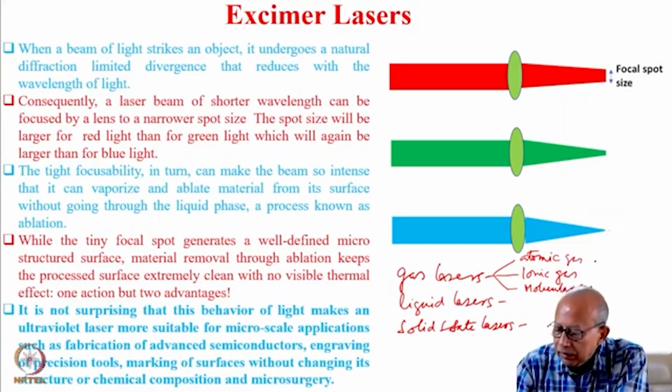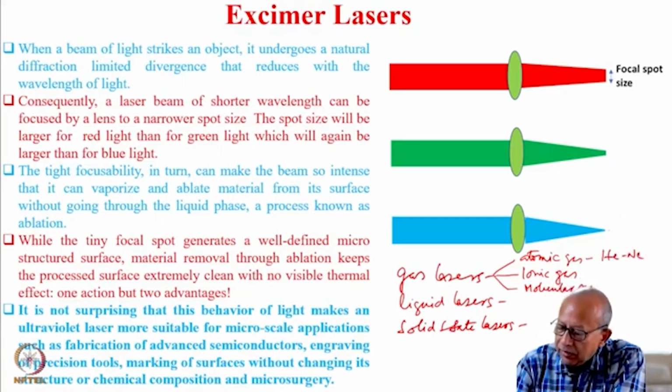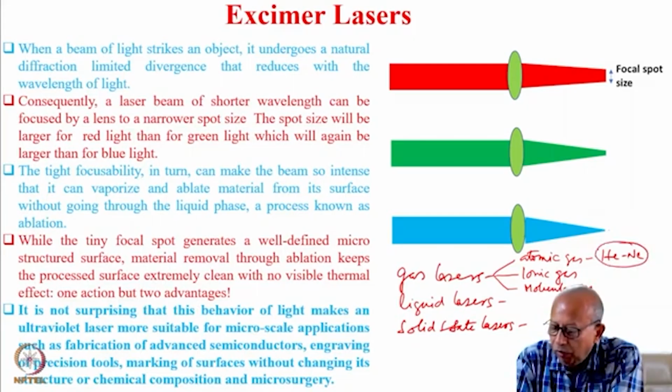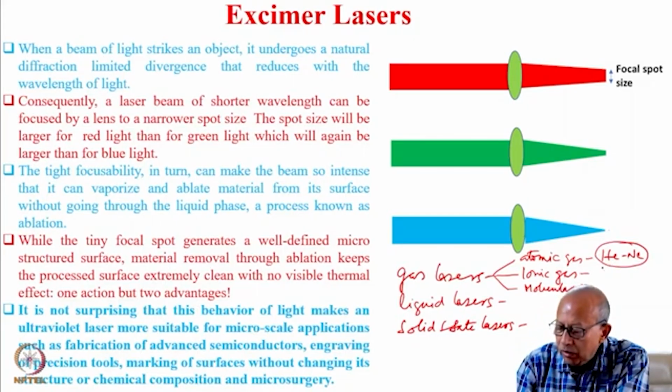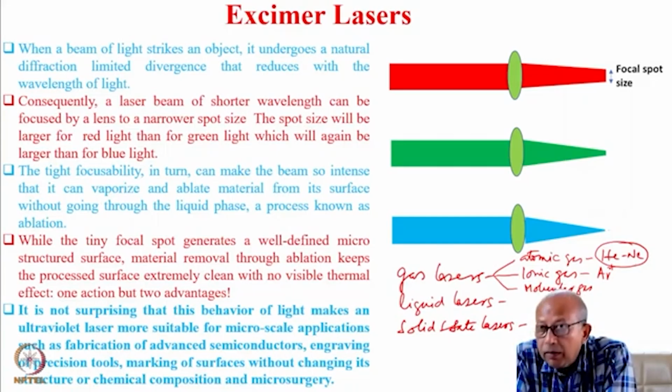For atomic gas lasers, we chose helium neon laser as a representative laser and studied its working in rather detail. For ionic gas lasers, we on the other hand chose argon ion as the laser whose operation we studied. Argon ion is of course one of the most important and popular laser of this category.